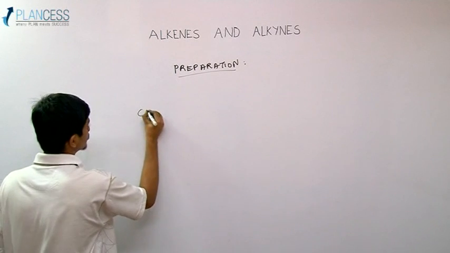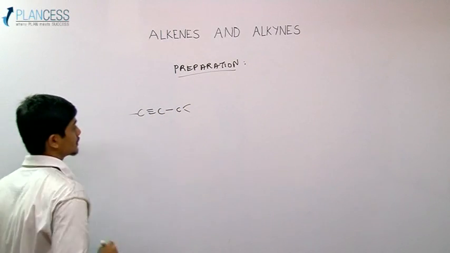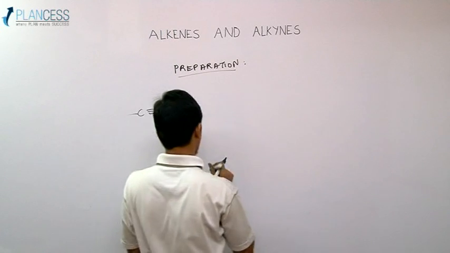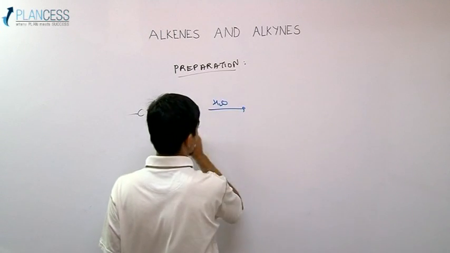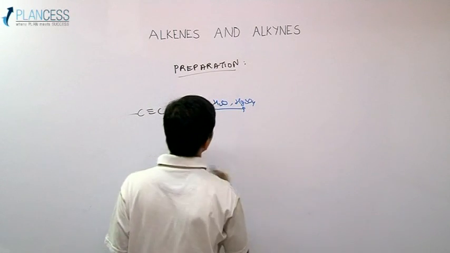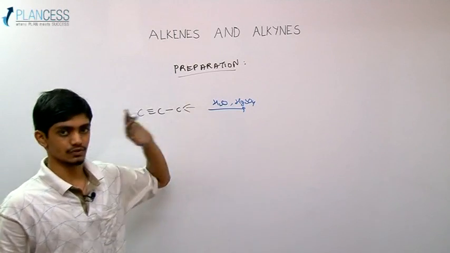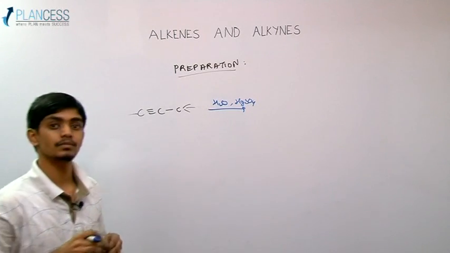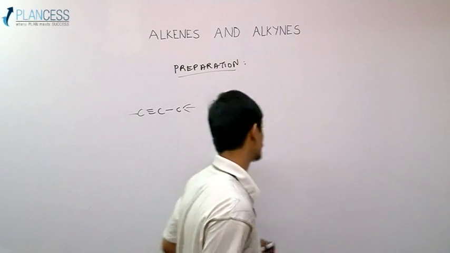That is, if you take an alkyne this way and you take H2O, react with H2O in presence of HgSO4. When you react this in presence of HgSO4, then there is some important products that are forming and some important reaction.